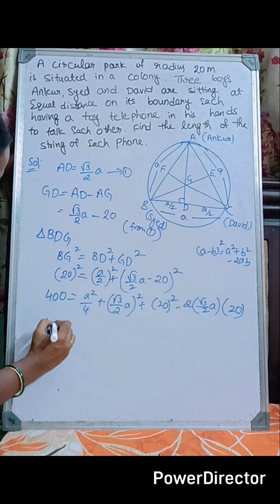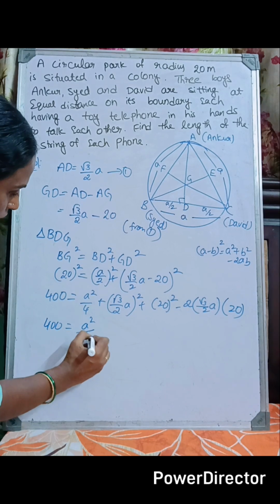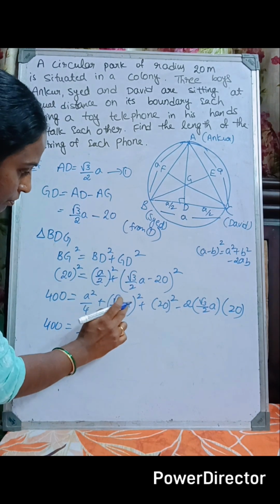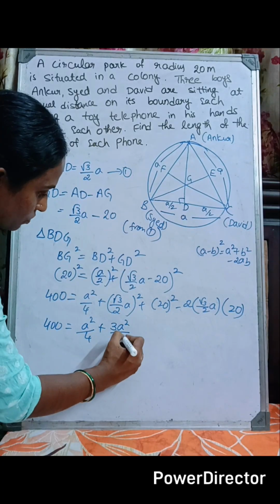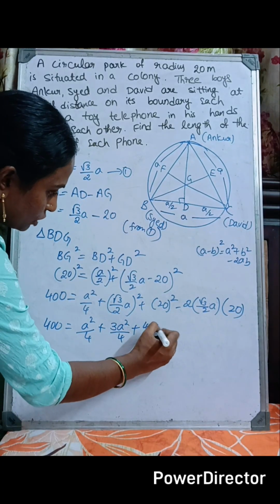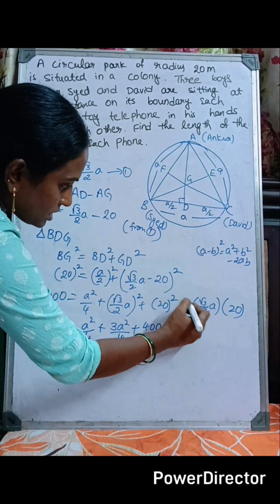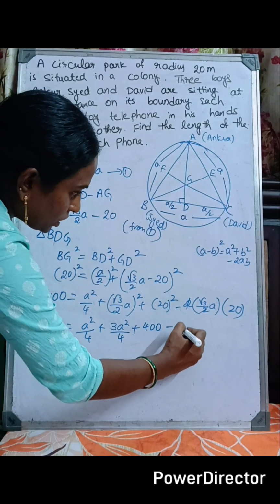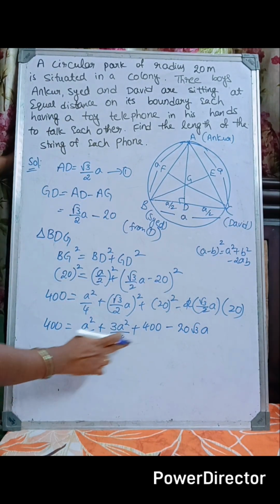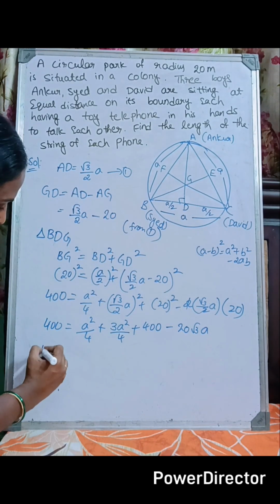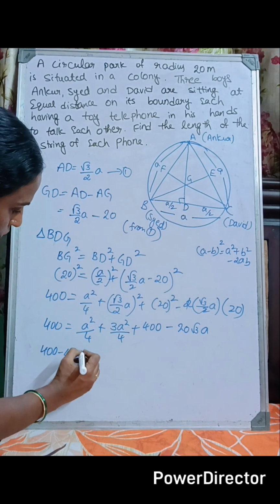Now 400 is equal to A square by 4 plus 3A square by 4 plus 400 minus 20 root 3 A. Here 3A square by 2 square is 4, and 20 square is 400. Let's cancel 2 and 2, giving 20 root 3 A. Transposing 400 to this side, it becomes minus 400.